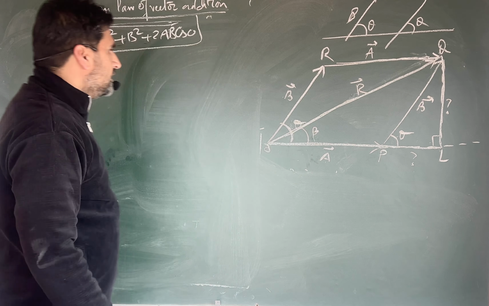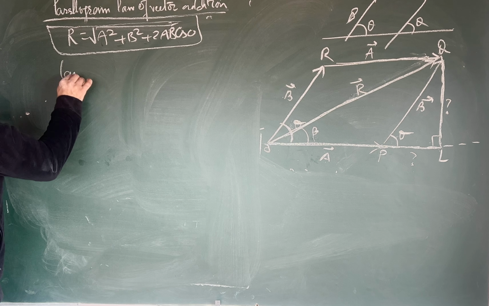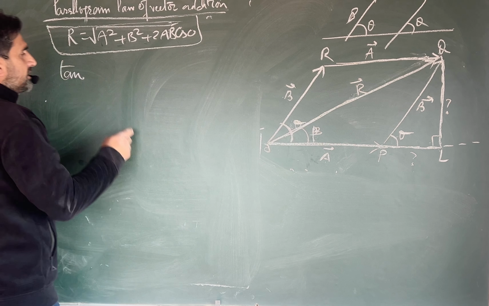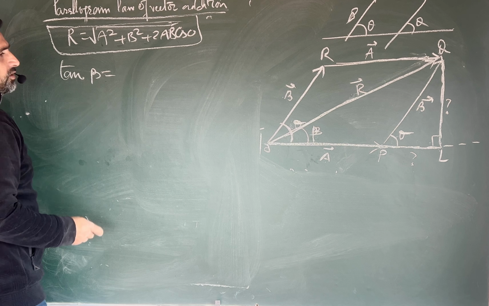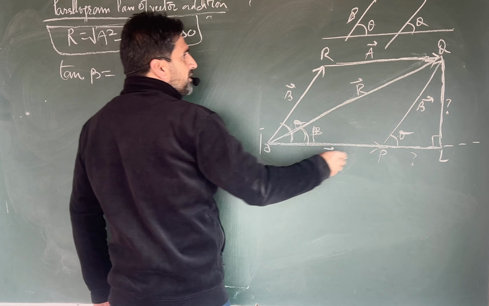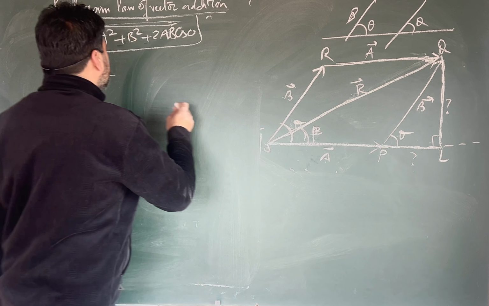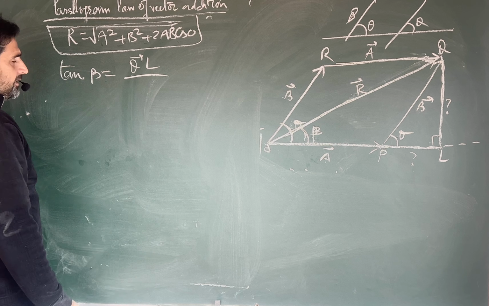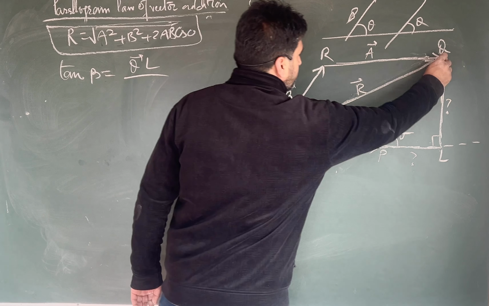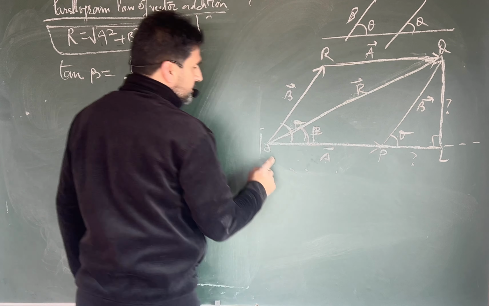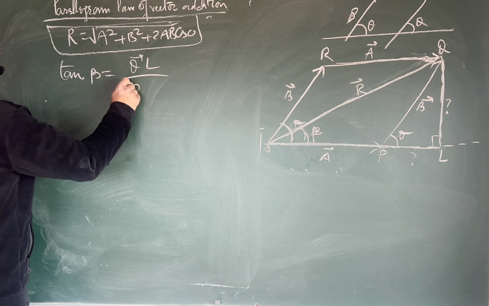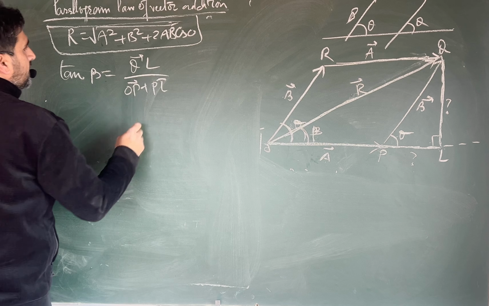So this is tan, not theta now, beta. Tan beta is equal to the perpendicular, that is QL, divided by the base, that is perpendicular divided by base. Base is OP plus PL.